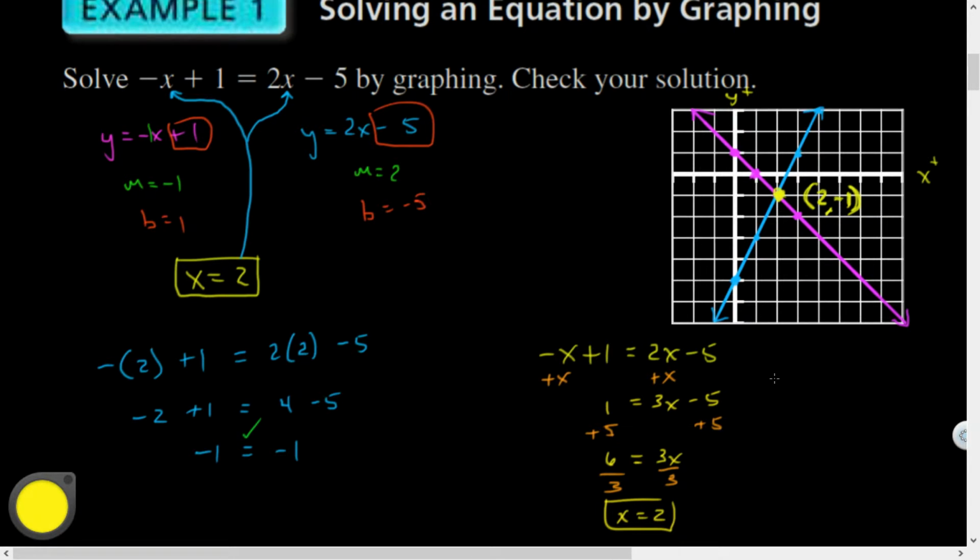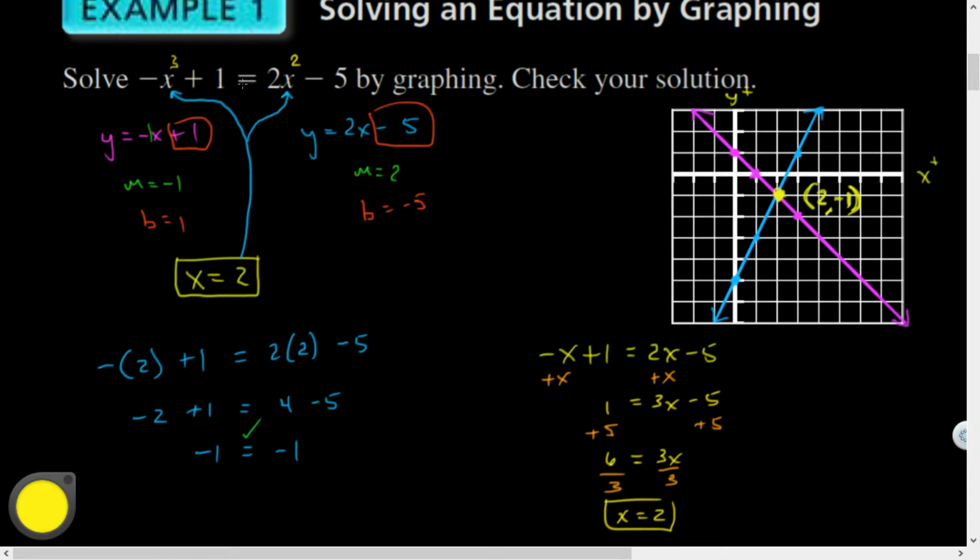In this case, with lines, solving algebraically is much faster, but there will be situations like if I suddenly gave you a 2x squared and a -x cubed, you might be like, I don't know how to solve that. And you guys don't. You technically won't know how to solve an equation like that until Algebra 2 or maybe pre-calculus.